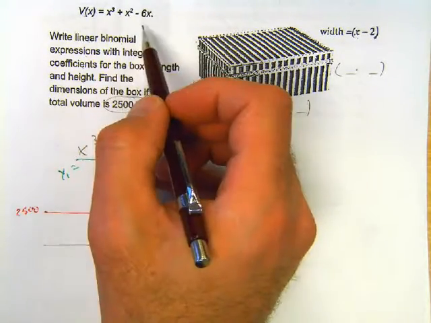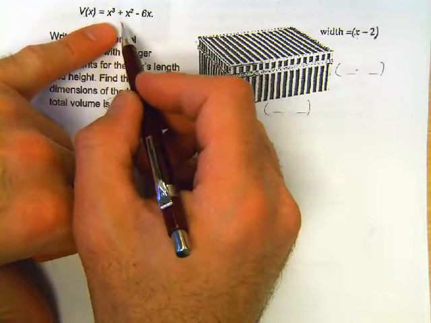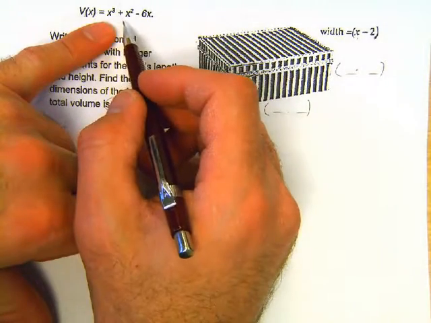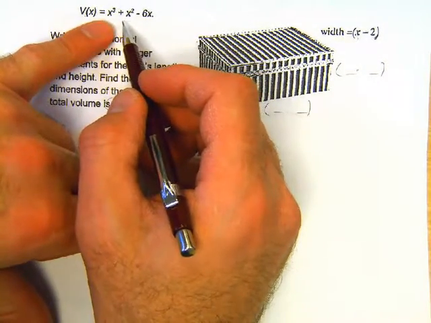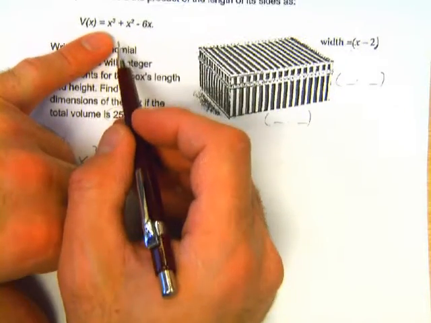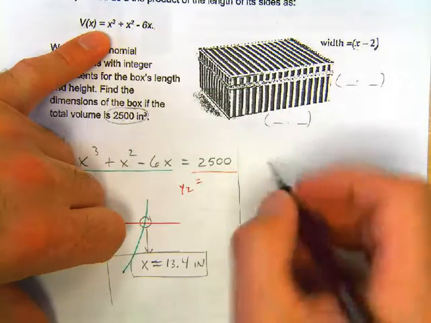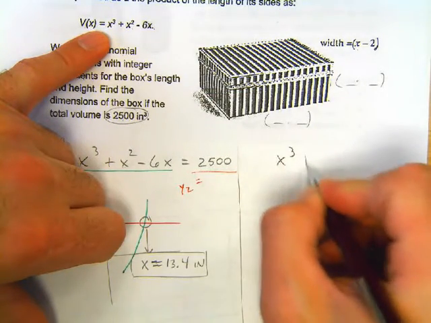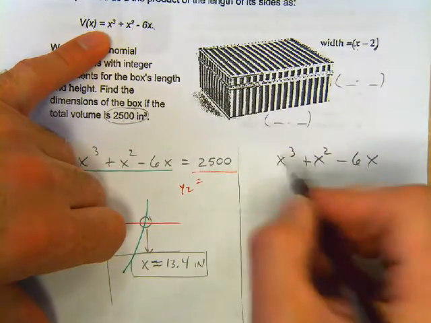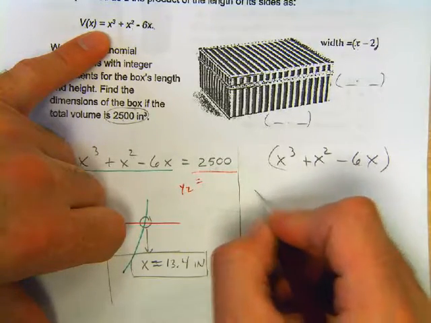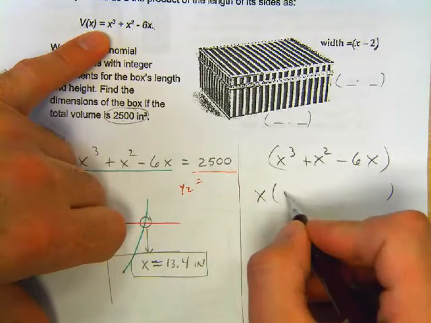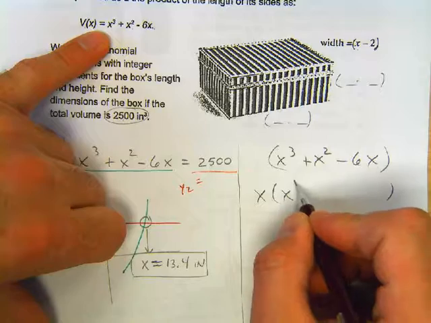Well, tell you what, let's try factoring. Because when I look at this, I see that there's an x in every term. So I know that we could factor an x out of every term, and we would end up with x squared plus x minus 6.